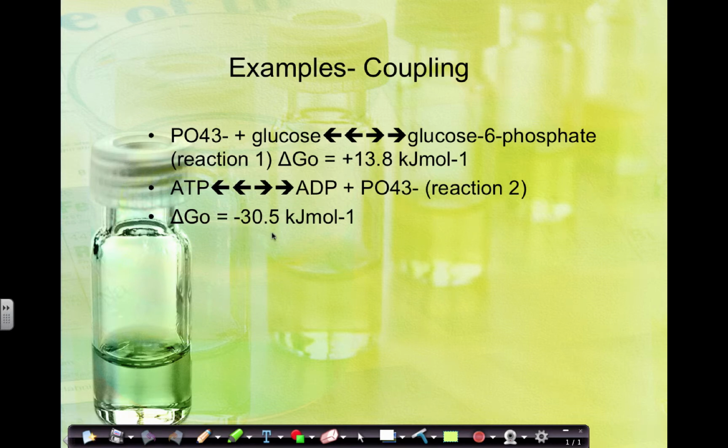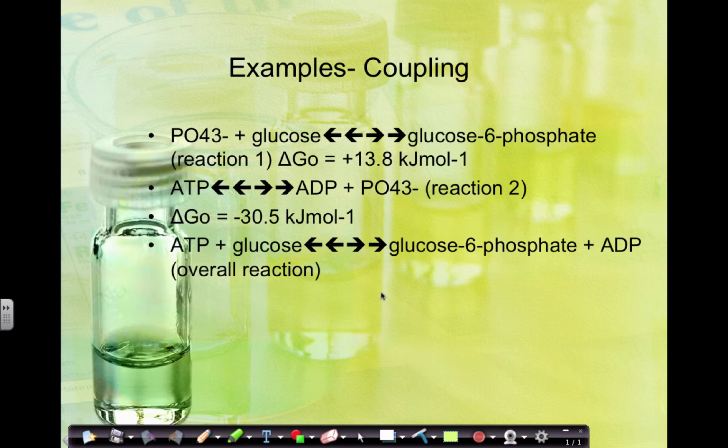That is a negative reaction. So this is spontaneous. But in order to break down the glucose, this reaction has to be coupled with the putting the phosphate on the glucose. So even though the first reaction is not spontaneous, the second reaction is spontaneous, and the magnitude is high enough to make the reaction overall work and make it be spontaneous.